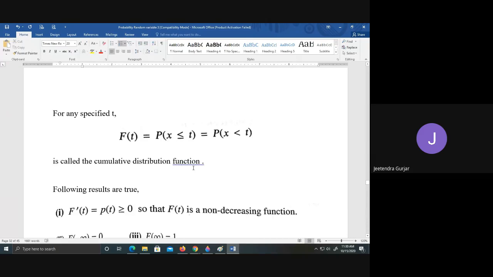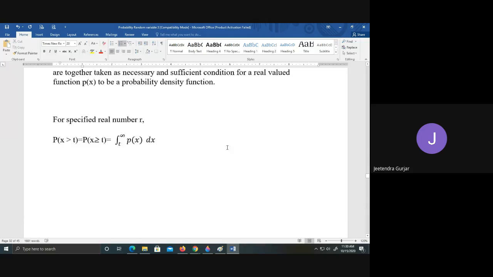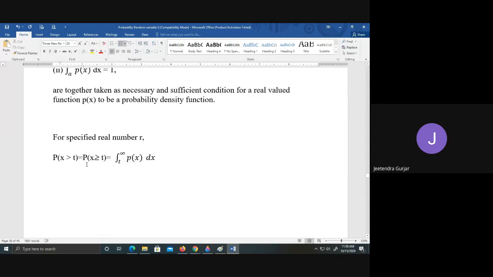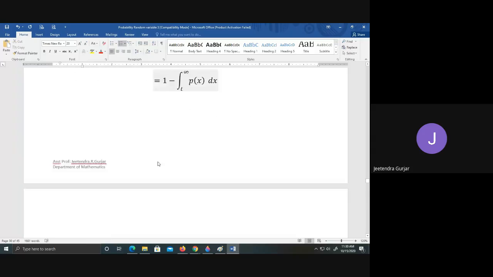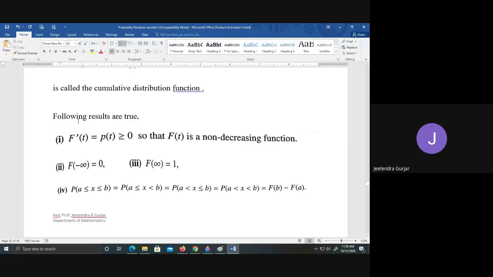So we say this is nothing but the cumulative distribution function. In this interval, the following results are true.